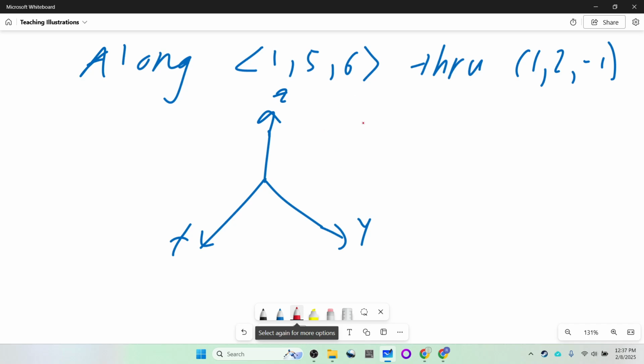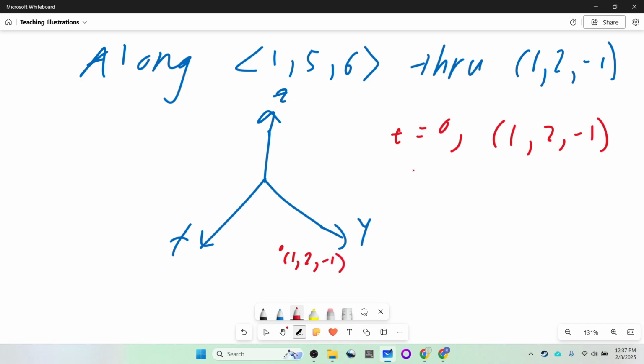So when t is 0, we would get 1, 2, negative 1. When t equals 1, we'd get 2, 7, 5.